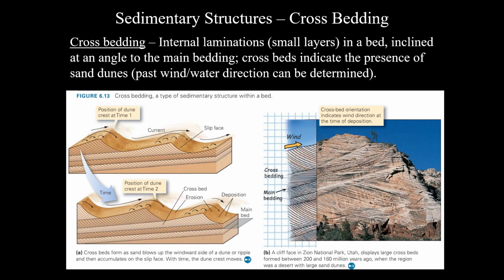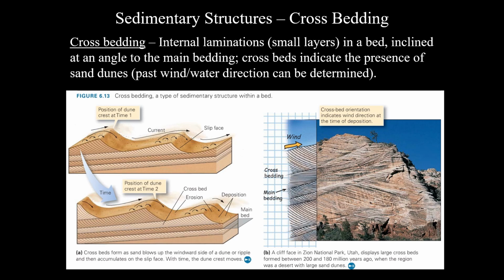The Navajo sandstone that we looked at in Zion National Park has those distinct, what we call cross beds. Those are those angular features of the beds. That's clearly denoting a dune environment. And we can go to modern sand dunes today, for example, Sand Dune National Park in Colorado.